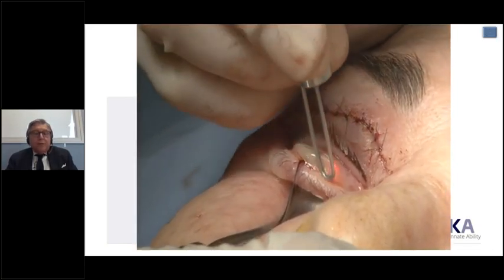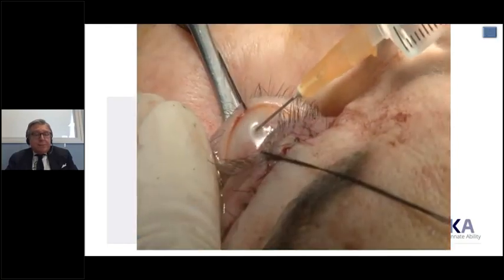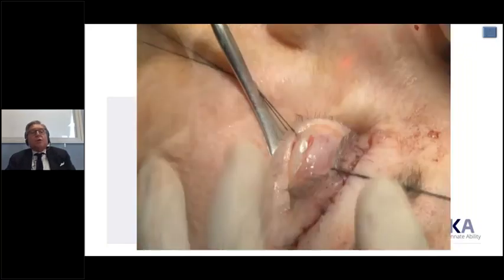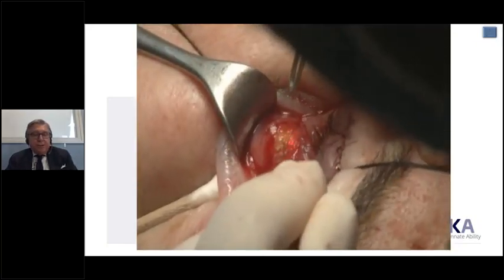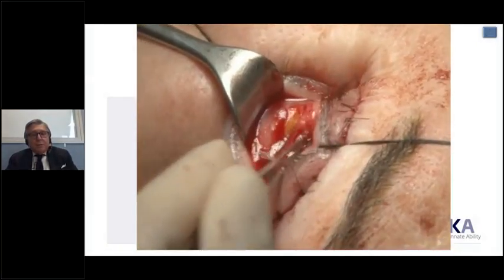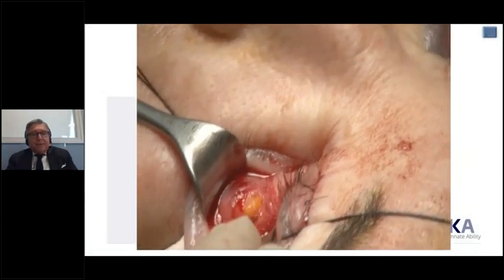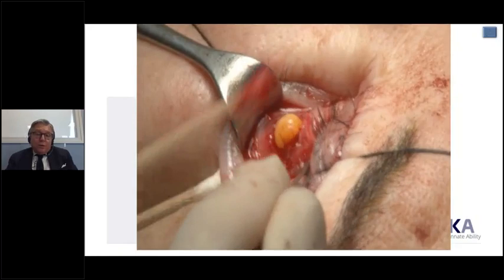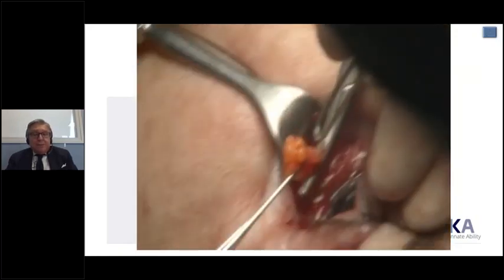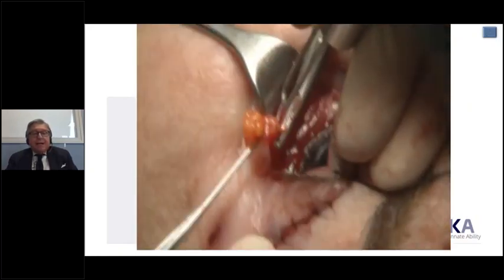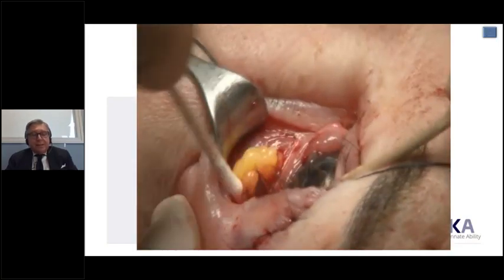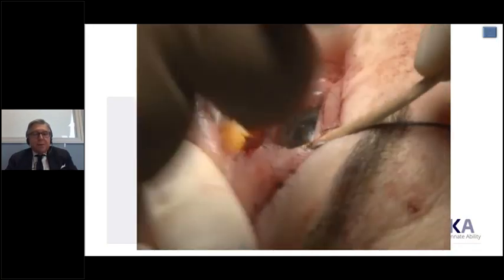Then we perform the transconjunctival blepharoplasty. We can use intralesional anesthesia, or you can use a local regional anesthesia, and you have to pull out the fat after the incision of the conjunctiva. Of course, you have to be skilled to know perfectly the anatomy of the area, so the nerves and the vessels that we have in this part.